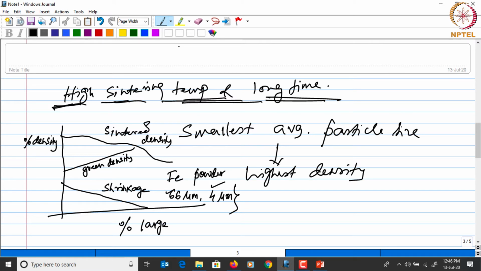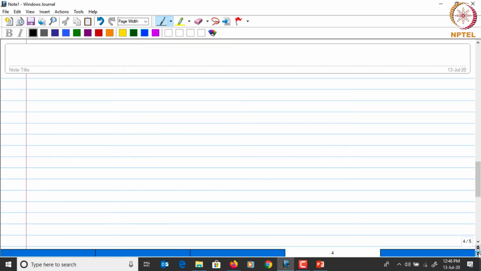Now let us go to the next category, that is a powder mix for making alloys.